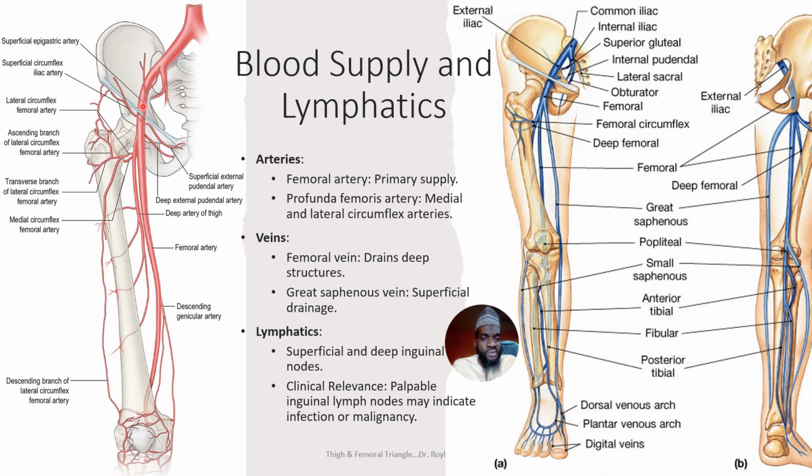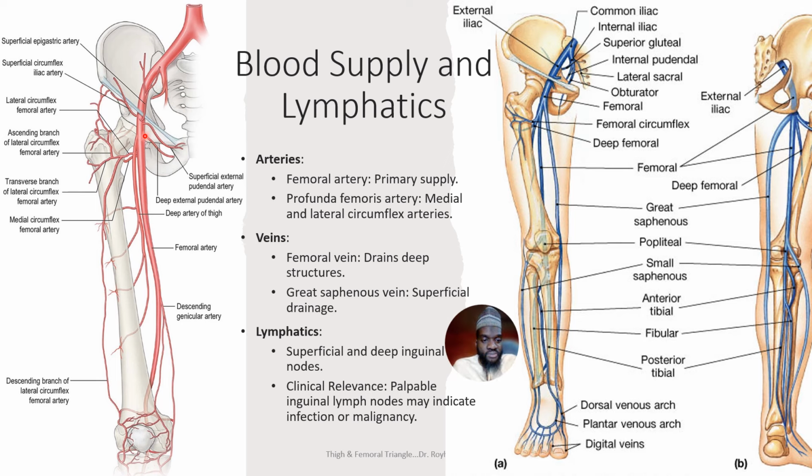So the external iliac artery, by the time it traverses the midpoint of the inguinal ligament, becomes the femoral artery. At the level of this inguinal ligament, the external iliac artery passes into the thigh and becomes the femoral artery. At this point, you can refer to it as the common femoral artery because it's yet to divide. So it then has this proximal course.